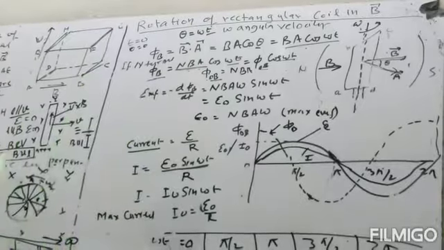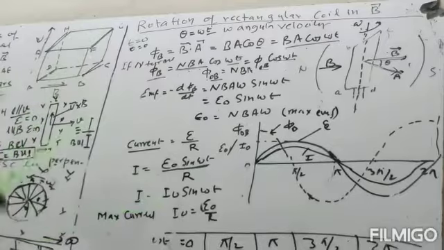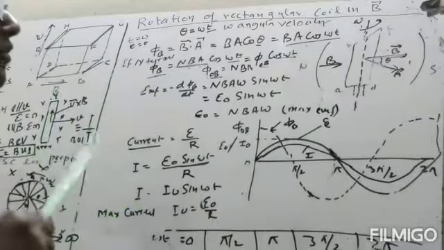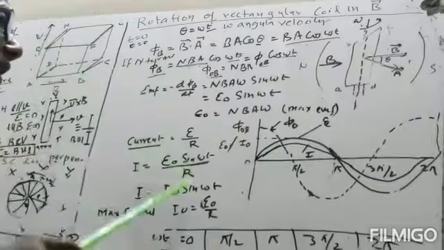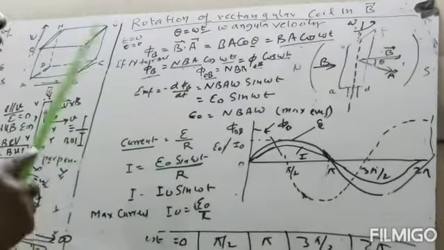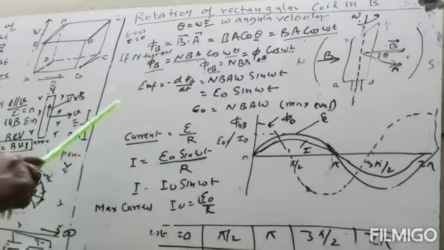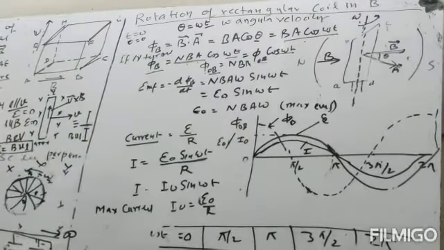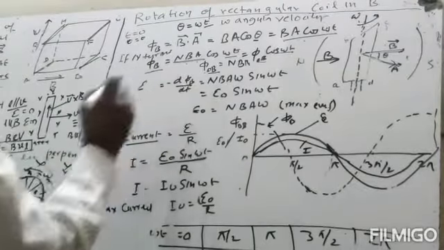So according to Faraday's law, when there is a change of flux, induced EMF is produced. And from Lenz's law, we get the direction of the induced current or induced EMF. The direction of the induced EMF or current is such that it will oppose the cause which has produced it. So if we use both Lenz's law as well as Faraday's law, then EMF will be equal to minus d phi B by dt.